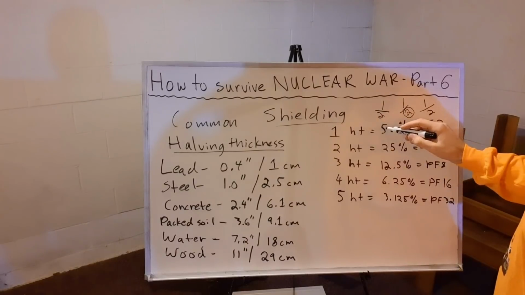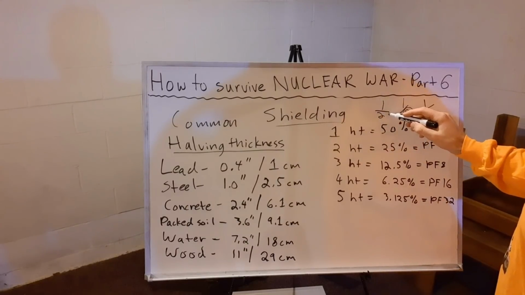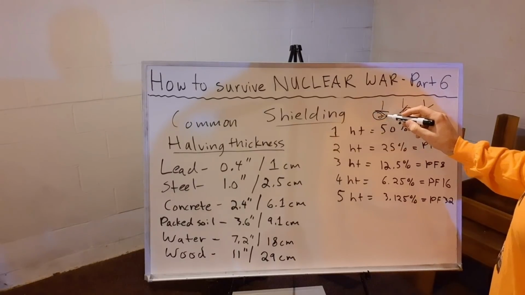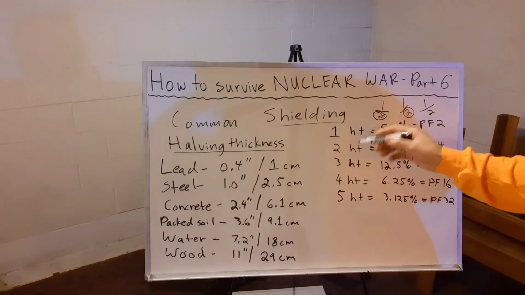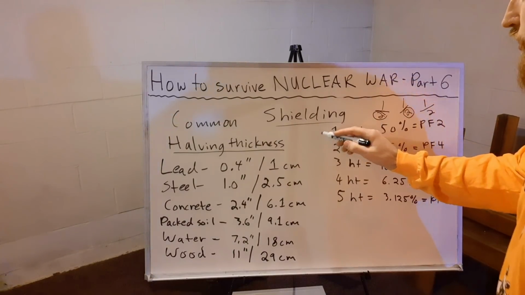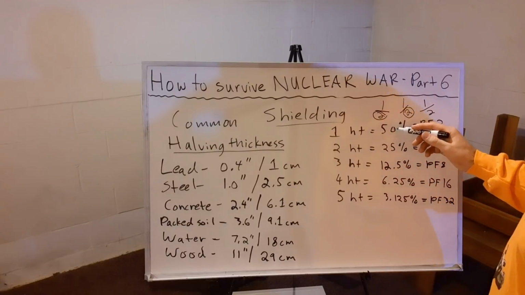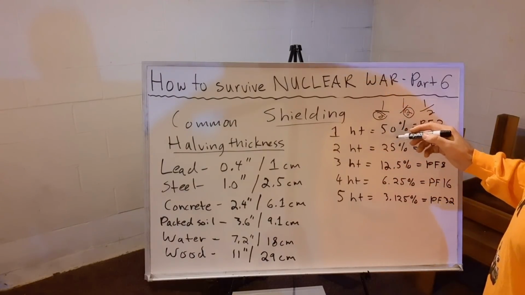1 halving thickness, reducing by 1/2. Your protection factor is going to be 2. Now, if you add another halving thickness, so now we're up to 2 inches of steel, you're going to reduce the radiation another halving thickness.